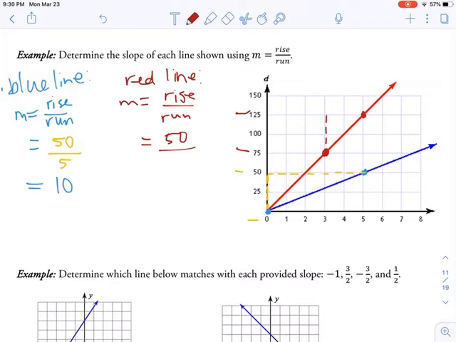Okay, and then this time the run is going from the left point to the right point, so I'm just going to move across until I find that next point, right? So you can see that I went across 2, right, two spots, and it means I went from 3 to 5, so I increased by 2, so the run was 2. And again, when I reduce into those lowest terms, I'm going to see that that becomes 25. Okay, next example.